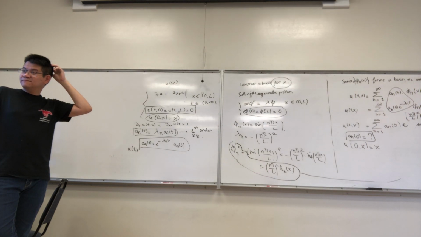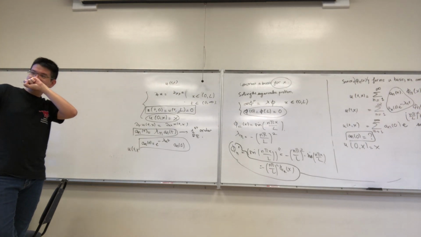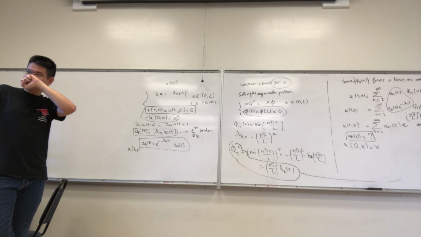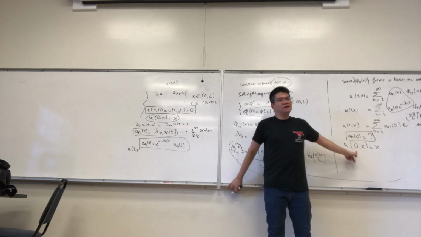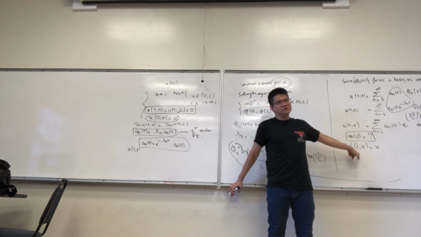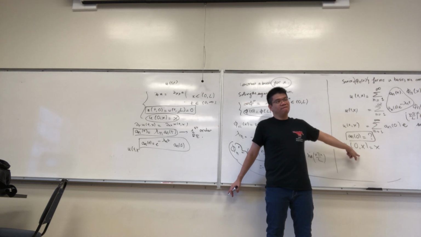Am I getting it wrong? So would it just be a_n(0) times sine n pi x over L, therefore our a_n(0) is equal to negative sine n pi x over L? I just want to say what is the series. I want to know what is the series of u when t is equal to 0. What is this series?